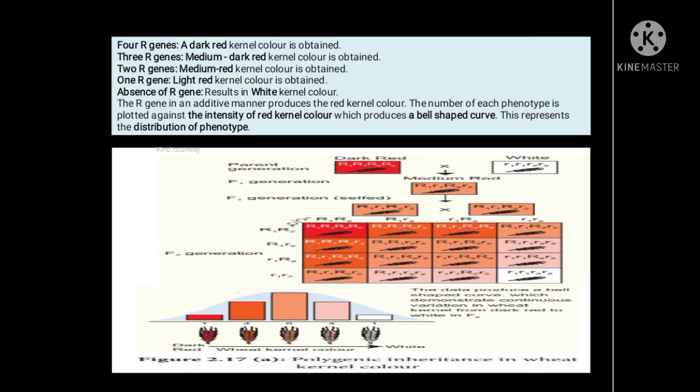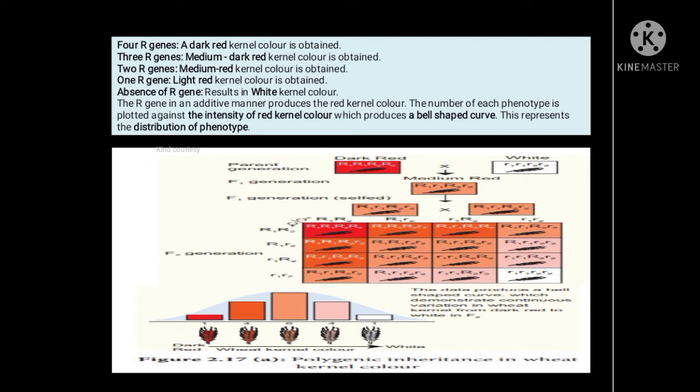The number of each phenotype, plotted against the intensity of red kernel color, produces a bell-shaped curve. This represents the distribution of phenotypes. Observe the cross: the parental generation, dark red crossed with white, produces medium red in the F1 generation.